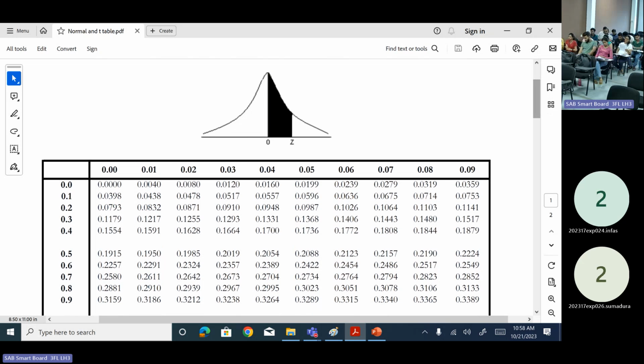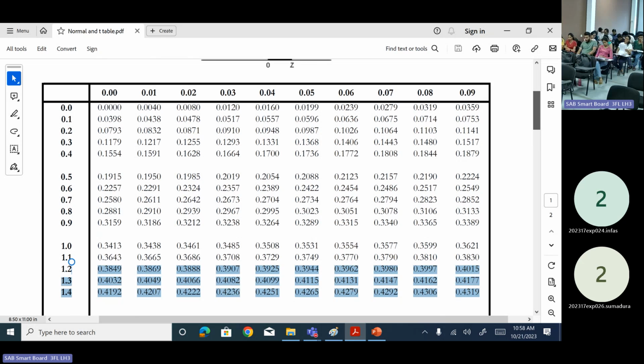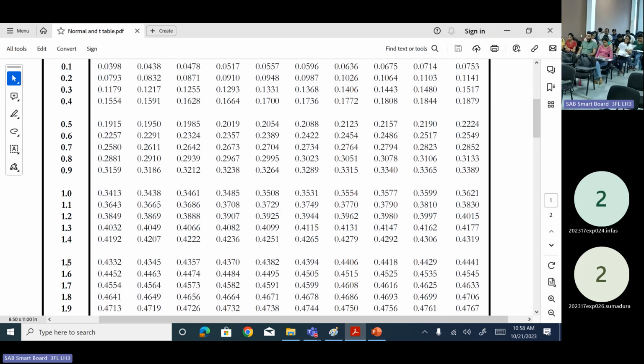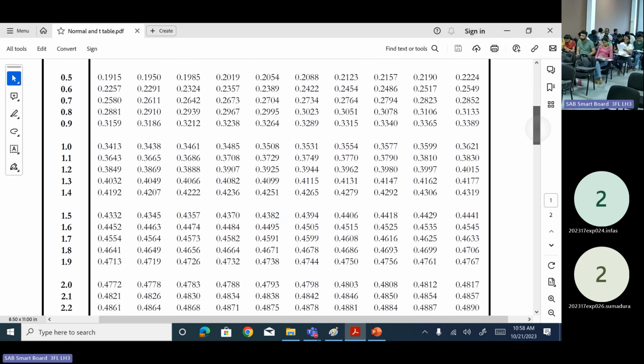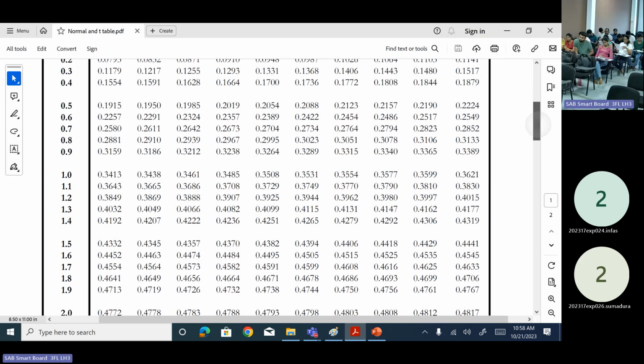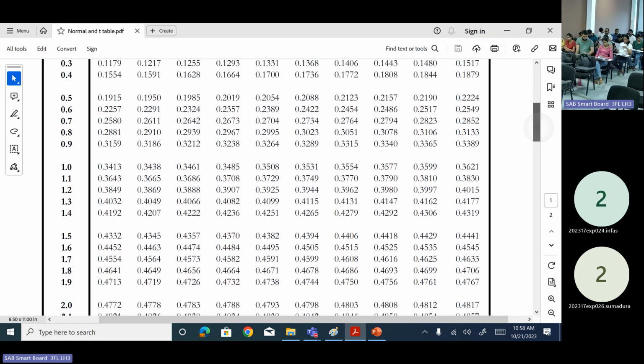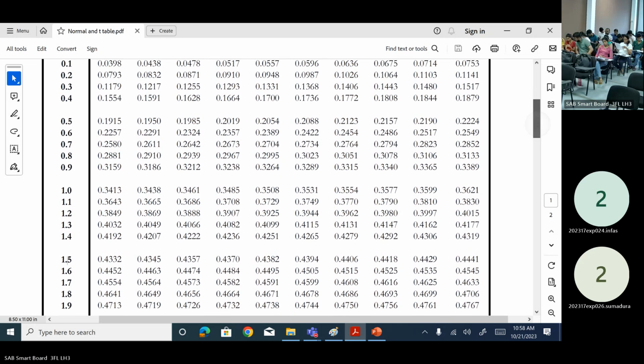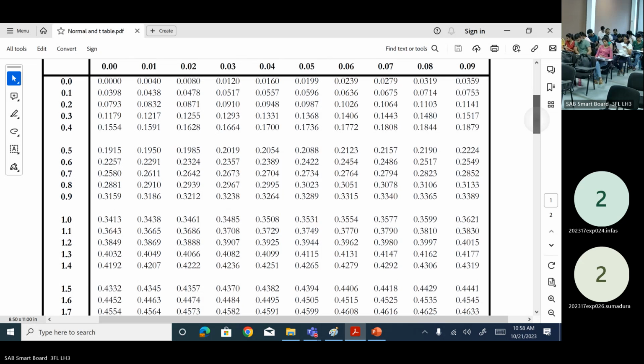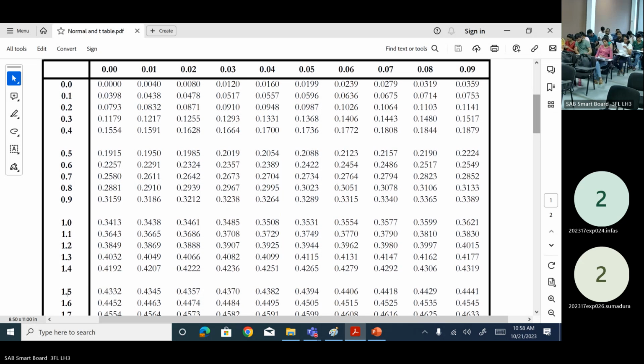So now we have identified the middle portion is 0.4. Let's trace the table, because the values are in order.